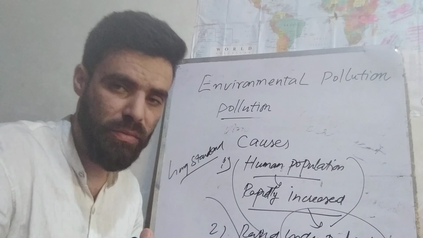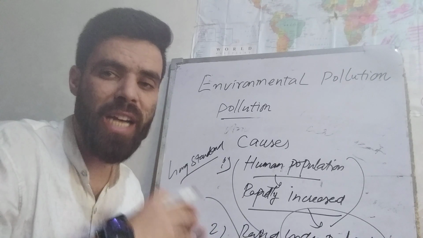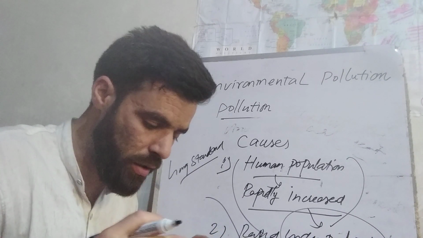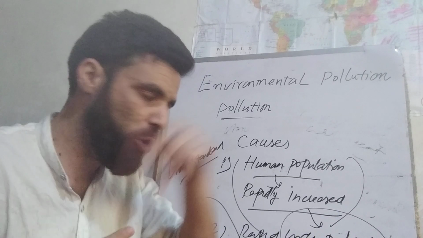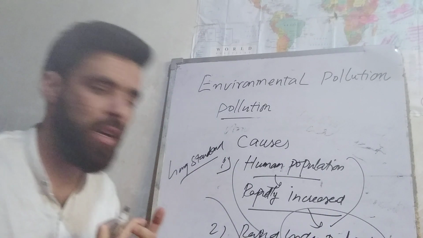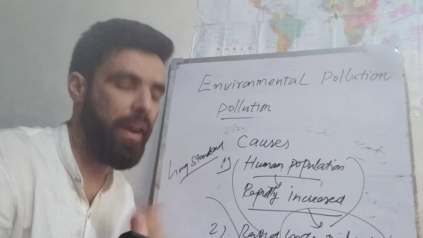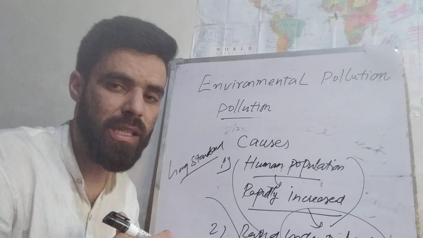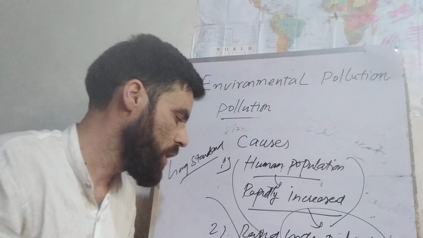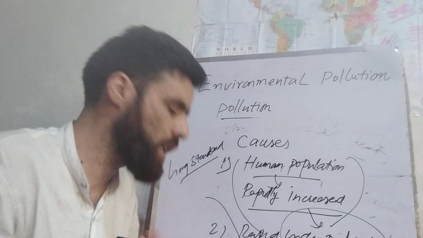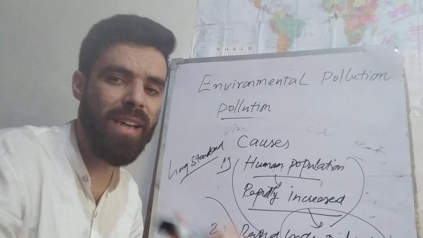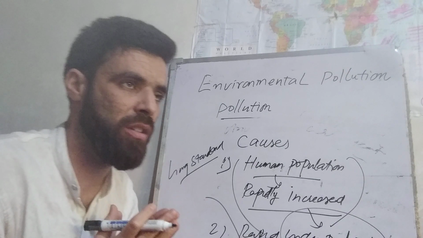Then uncontrolled exploitation of nature. We have been exploiting nature in such a manner that is uncontrollable. You know, humans and nature have to interact. It is the need of the hour, it is the need of the day. Since times immemorial, humans have been interacting with nature. Interacting with nature is essential.